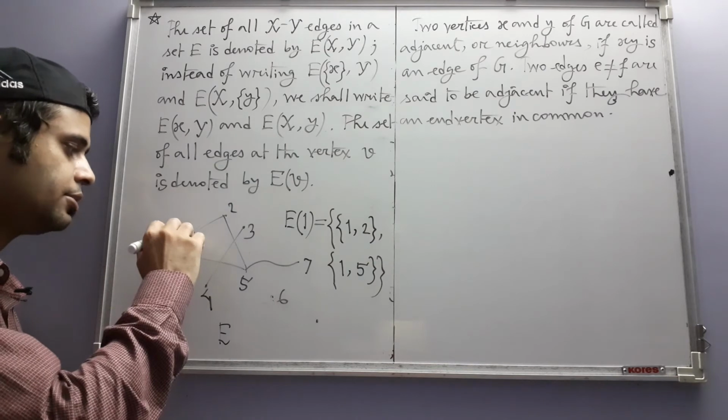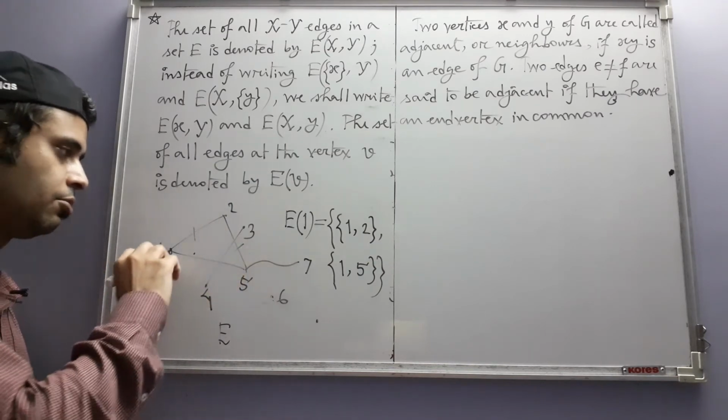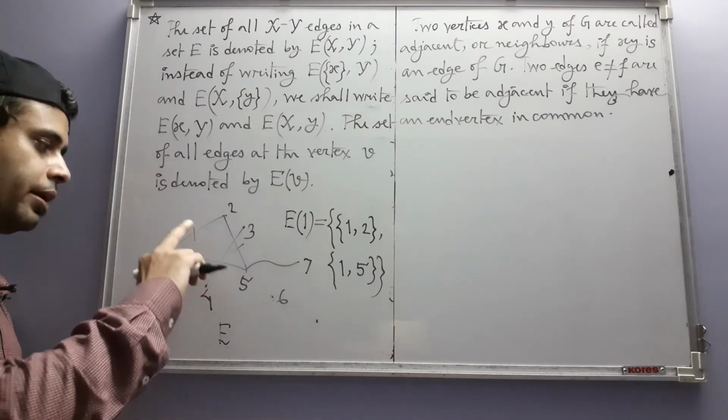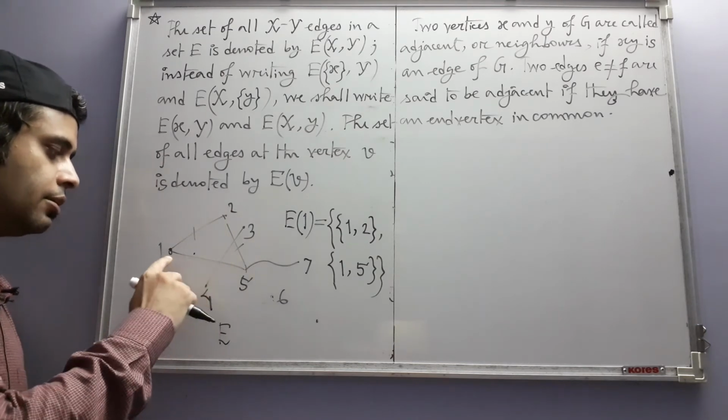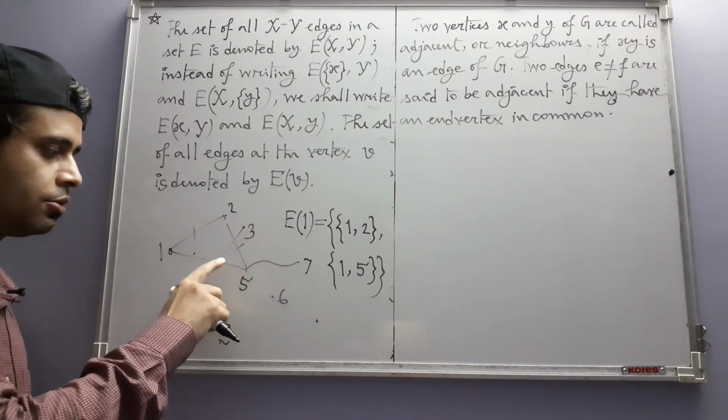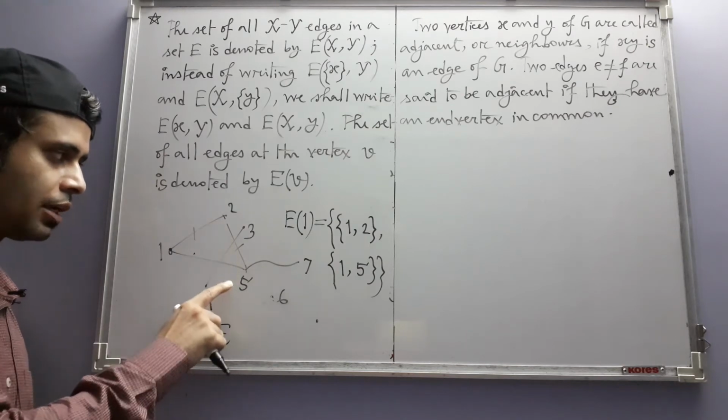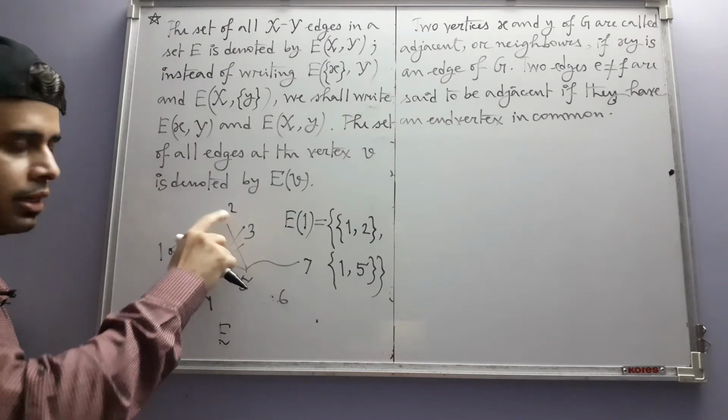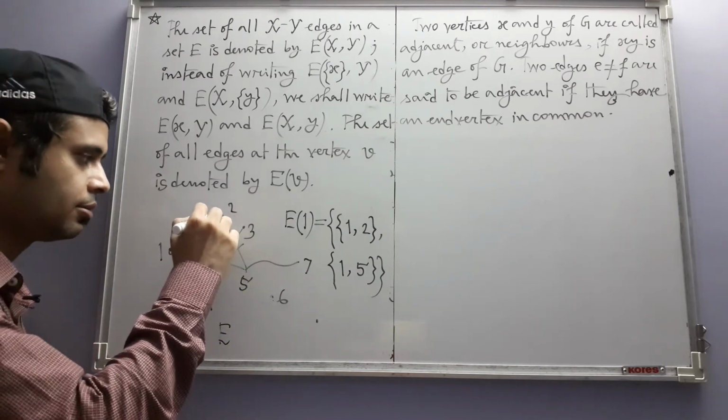For example, these two edges are adjacent, 1, 2 and 2, 5. The end vertices of 1, 2 are 1 and 2. Those of 2, 5 are 2 and 5. So 2 is a common end vertex. So these two are adjacent.